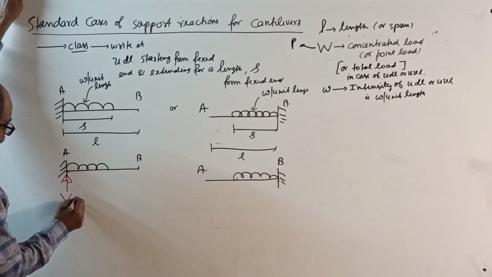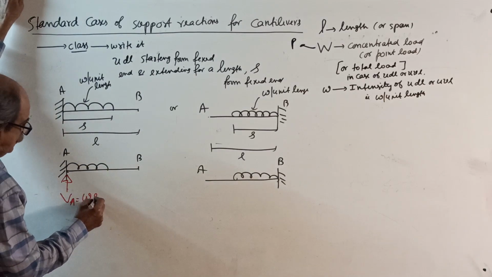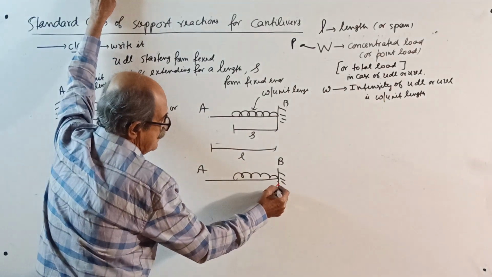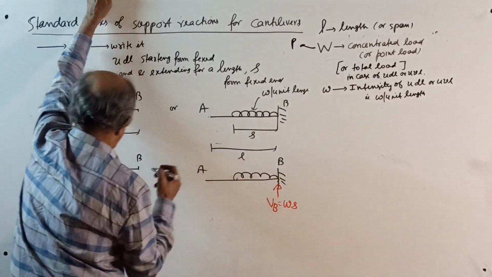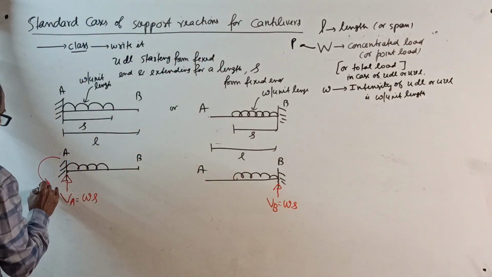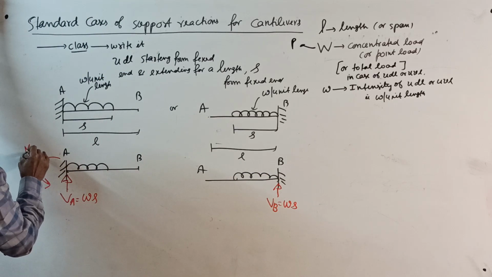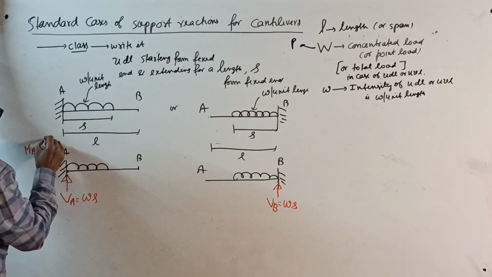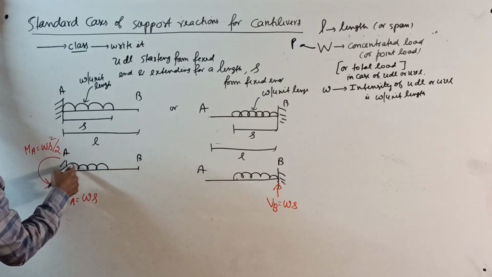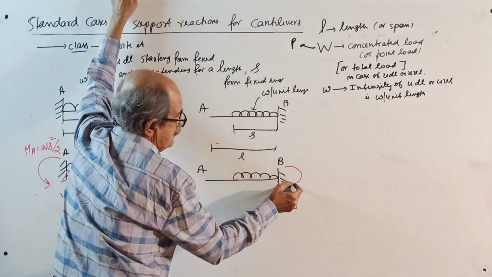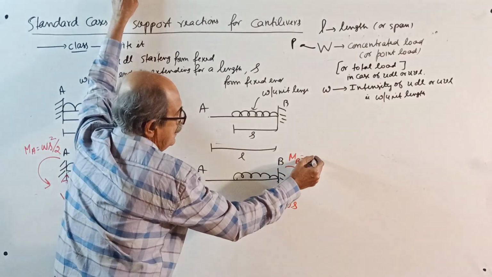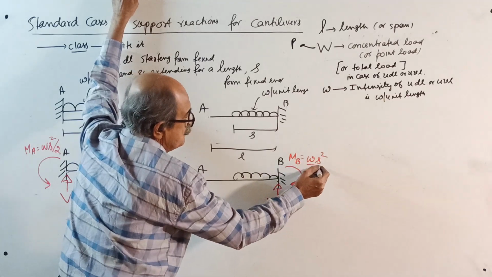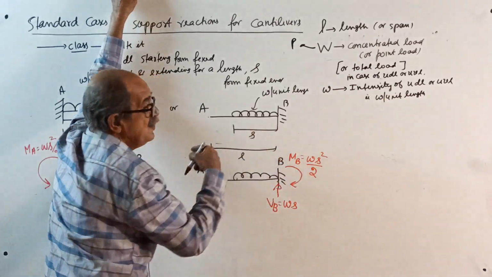VA equal to W into S. VB equal to W into S. The reacting moment MA is W S square by 2, that is W S into S by 2. Reacting moment M. Remember, MB. This is only if the UDL is starting from fixed end for length S.